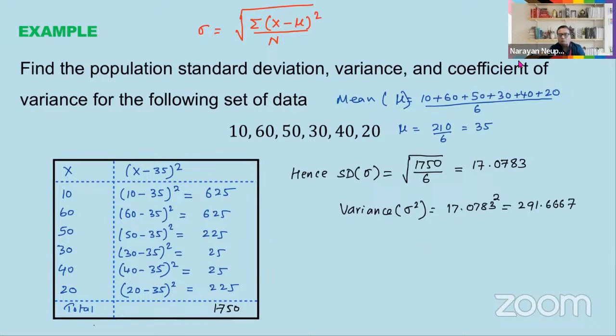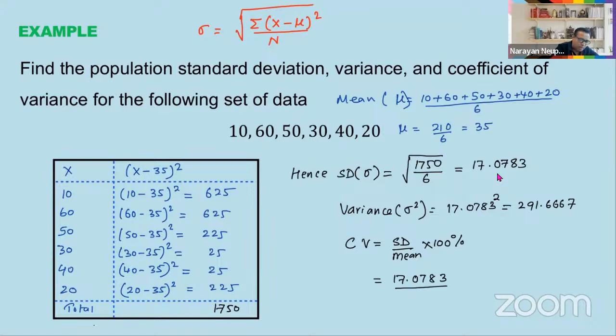The third thing we want to find is the coefficient of variance. We write CV for coefficient of variance, which is equal to the standard deviation divided by the mean, multiplied by 100 to get the answer in percentage. The standard deviation in this case is 17.0783.